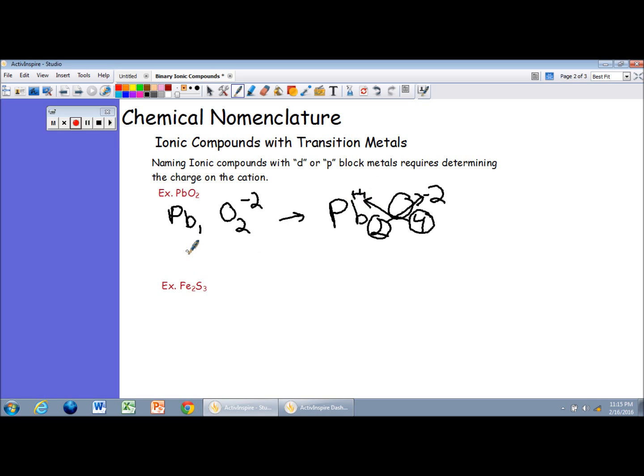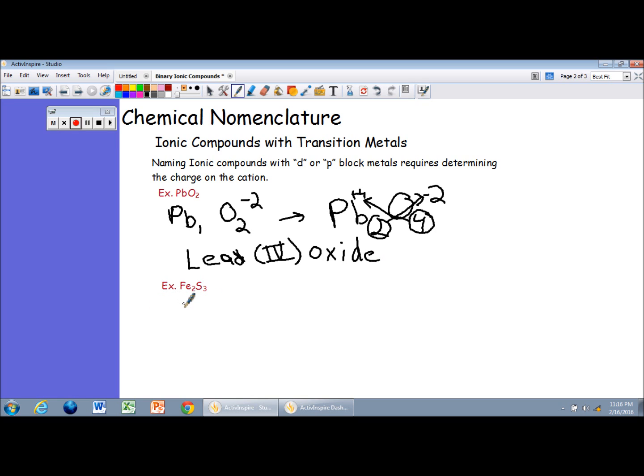So that means when I go to write the name, it'll be lead(IV), because the charge on lead is 4, oxide. Notice I'm not putting a Roman numeral after the oxide, because oxygen always has a -2 charge.